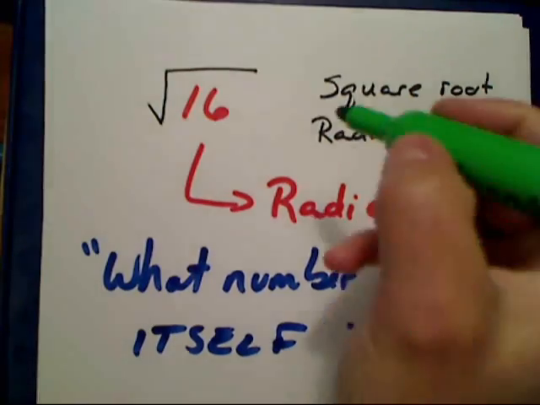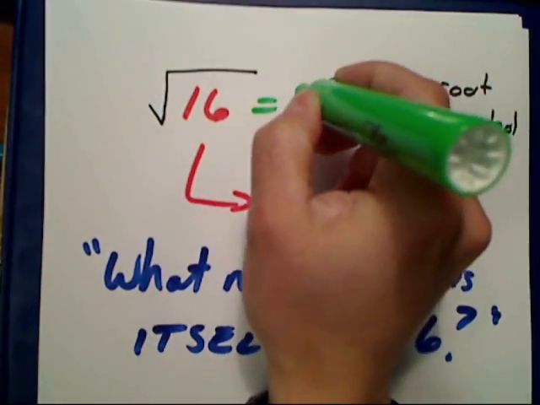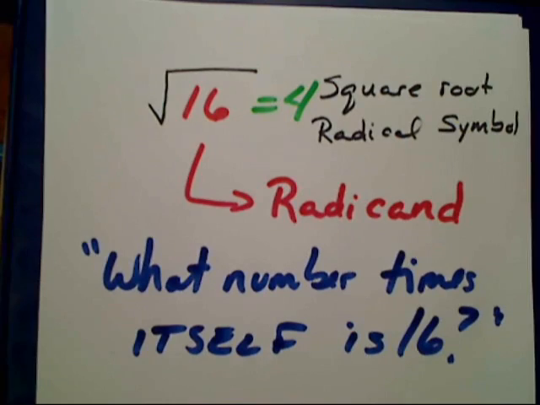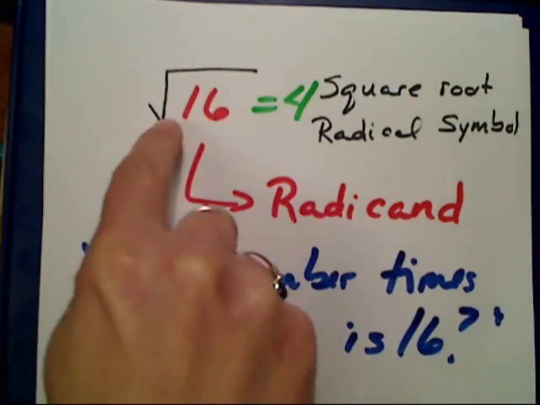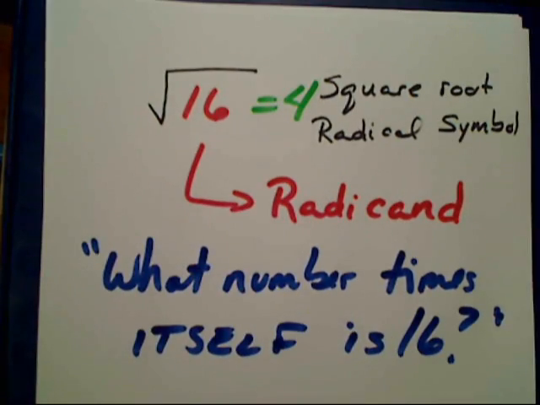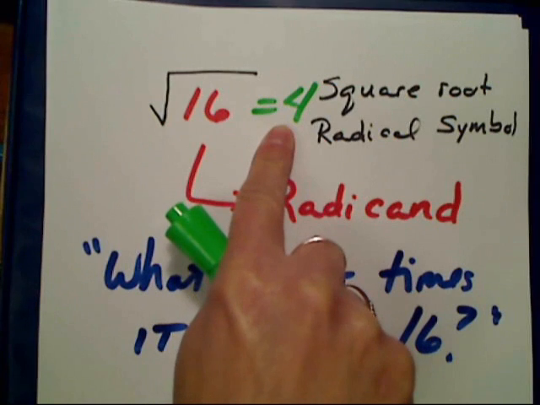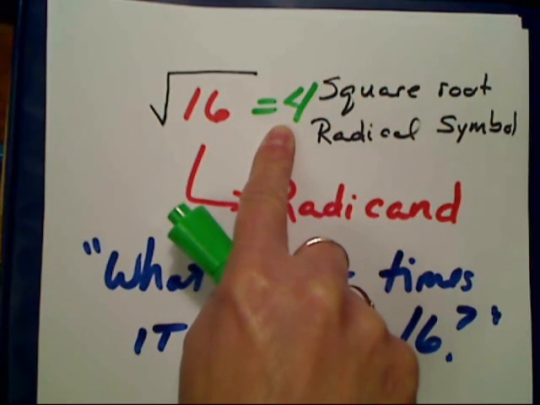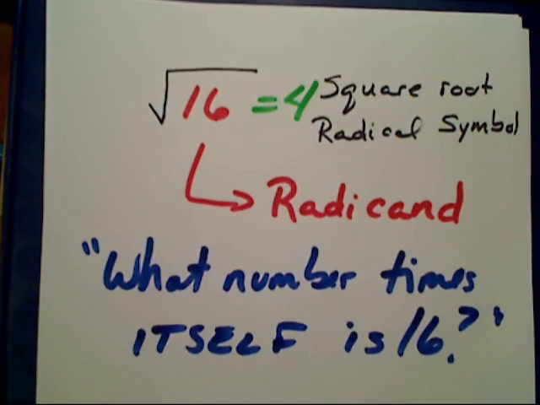So the square root of 16 we know is 4 times 4, so the square root of 16 is 4. Now we've used the square root symbol because the square root symbol is telling us to answer this question. Because we answered the question, we used the symbol, which means that it's not there anymore, and the answer is simply 4.